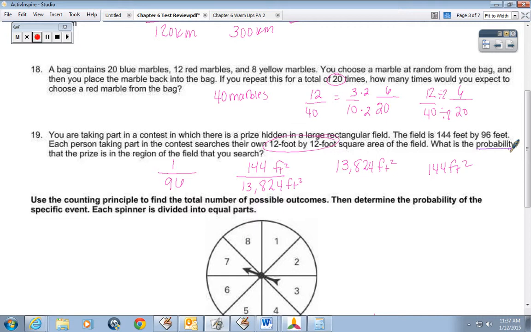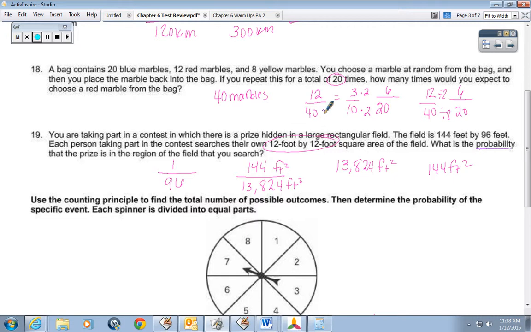Okay, so I am going to do this experiment, but instead of picking 40 marbles out, I'm only picking 20 marbles out. So what is the ratio of red to the total marbles? 12 over 40. What would the ratio be over 20? 6.